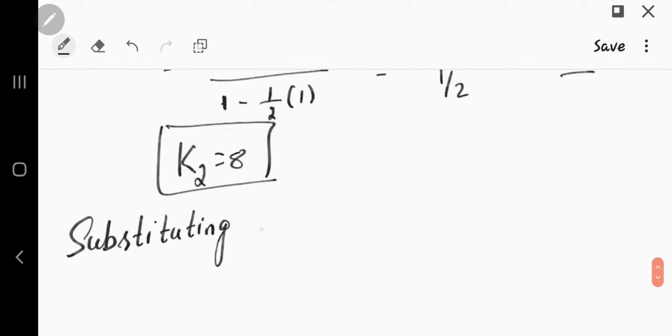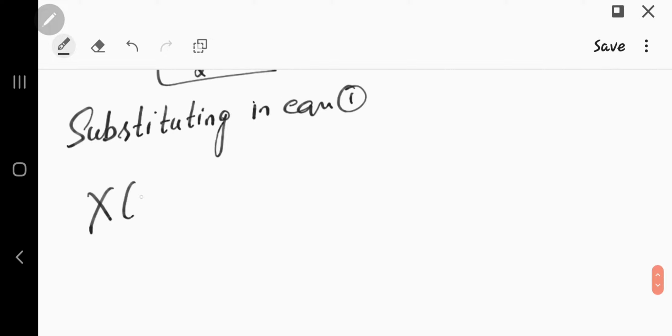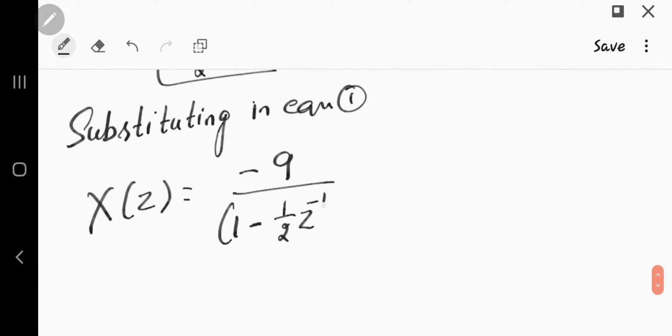Now substituting in equation 1, we have X of z is equal to minus 9 divided by 1 minus 1 by 2 z inverse plus 8 divided by 1 minus z inverse. So this is X of z here. Now if you move on to the further step, we have to find the inverse of this.